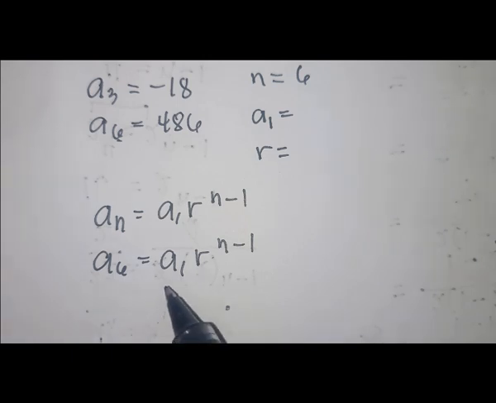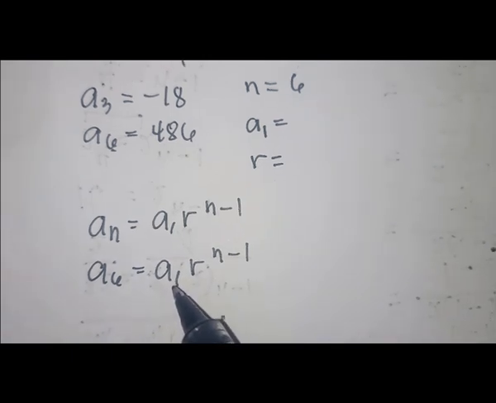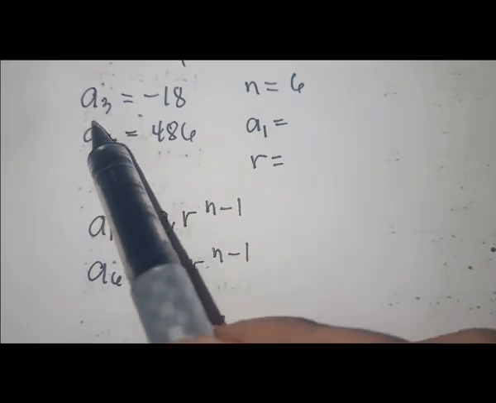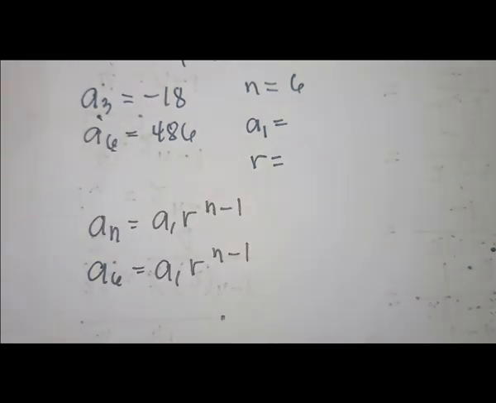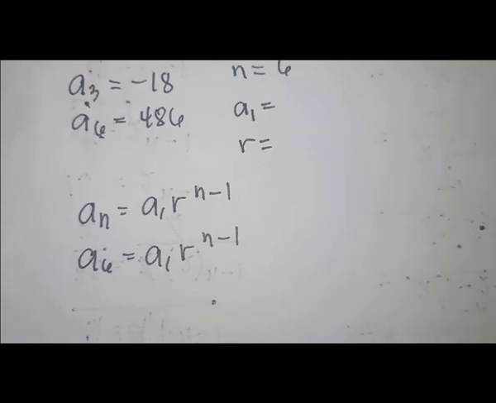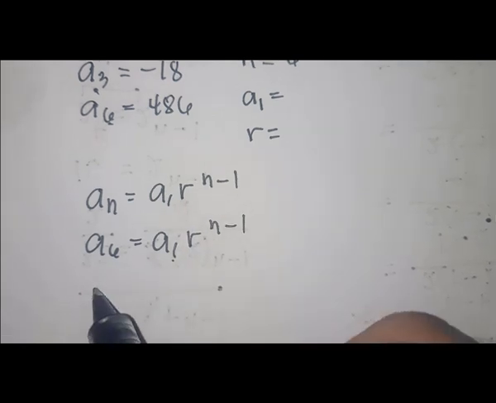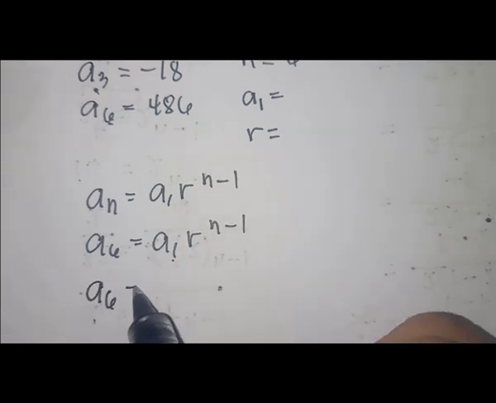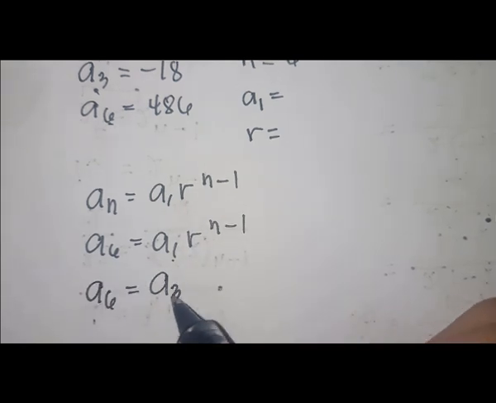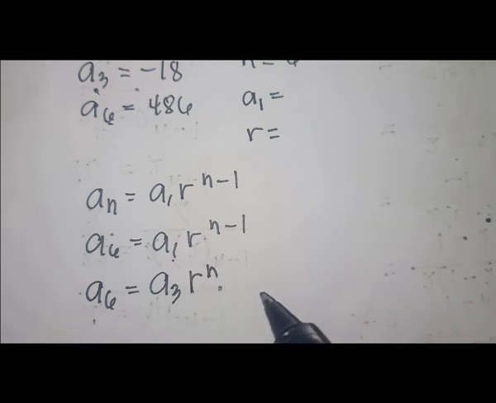Dahil wala pa tayong a sub 1, let us try to assume muna na yung a sub 3 natin ang magiging first term, gaya nung natutunan nyo sa geometric sequence. So, gamitin muna natin yung a sub 3. Ang equation natin ay a sub 6 is equal to a sub 3 times r raised to n, dahil a sub 3 ang ginamit natin, instead of minus 1, minus 3.